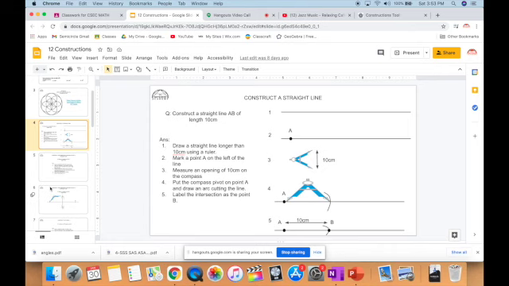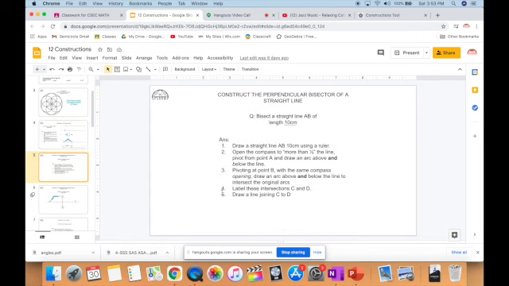To construct and to draw mean two different things, and I will illustrate what they mean just now. Construct usually means that you have to use your compass and draw arcs. This is how they usually teach it in school.